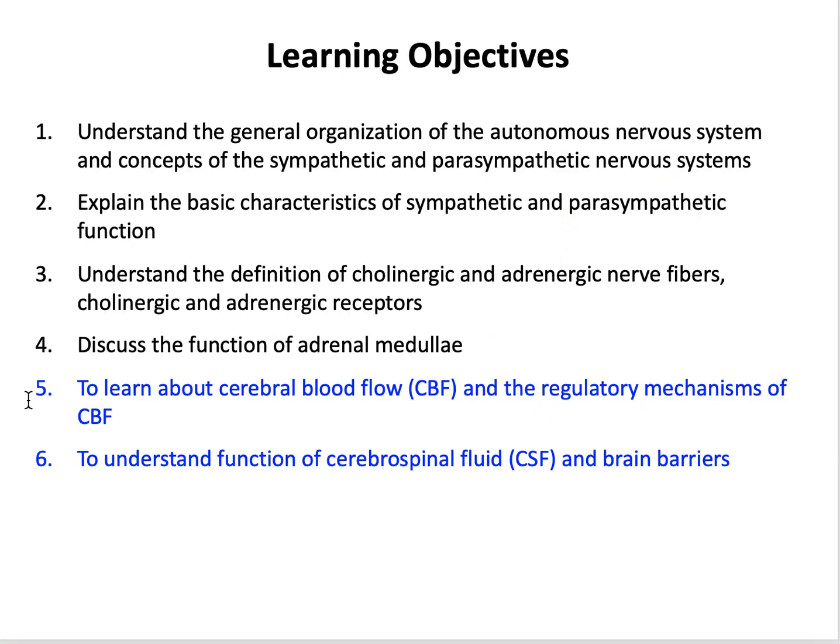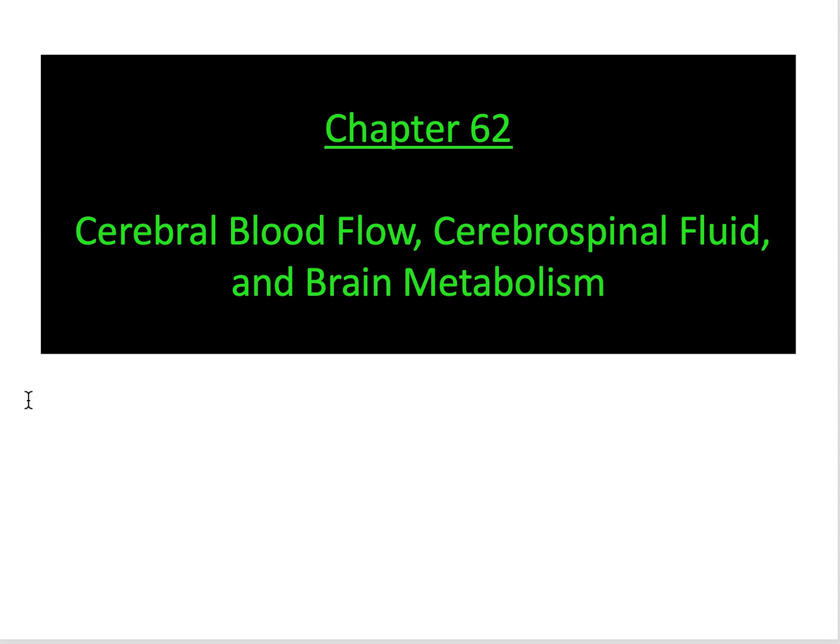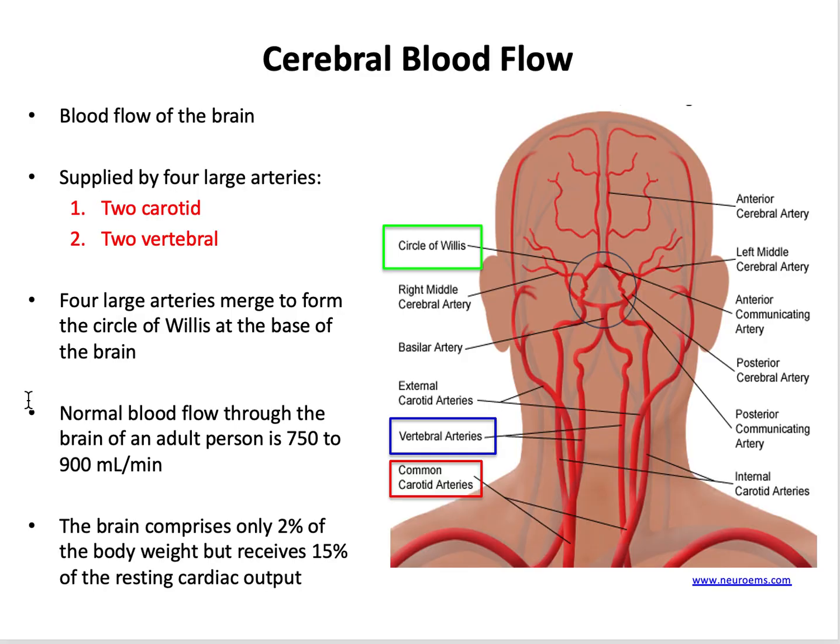All right, so let's address these last two learning objectives with cerebral blood flow and CSF. All right, so cerebral blood flow, there are two major supplies, so 4 large arteries that are going to provide the majority of the blood to the brain, and you have 2 carotid arteries and 2 vertebral arteries. And what happens is that these large arterial blood supplies will form a structure called the circle of Willis.